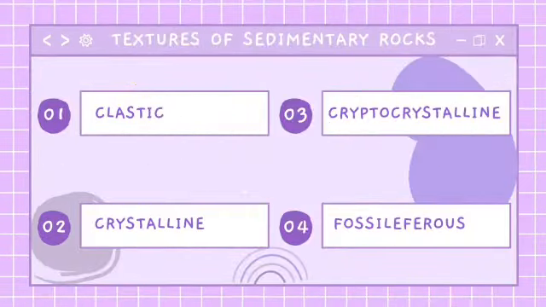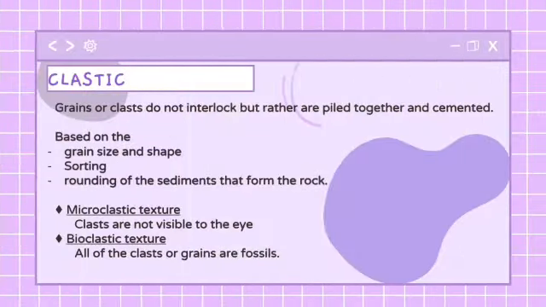So, let's go to the textures of sedimentary rocks. We have 4 types of textures of sedimentary rocks. First is the clastic, second is crystalline, third is cryptocrystalline, and the fourth is fossiliferous. Clastic texture: grains or clasts do not interlock, but rather are piled together and cemented.